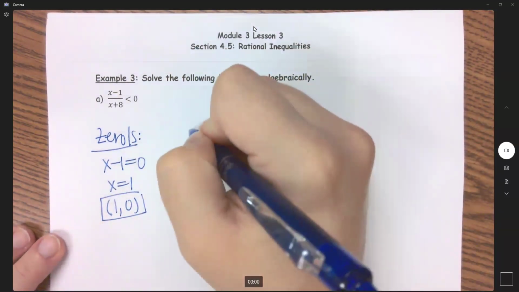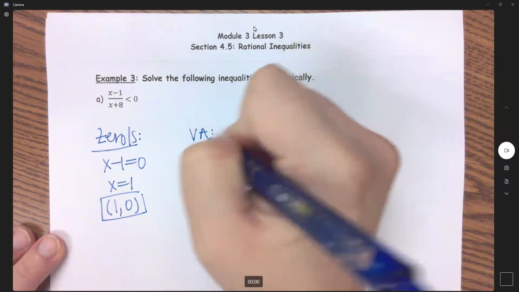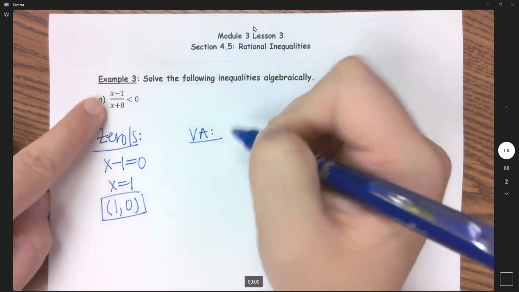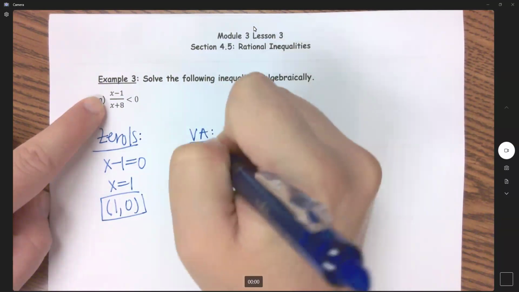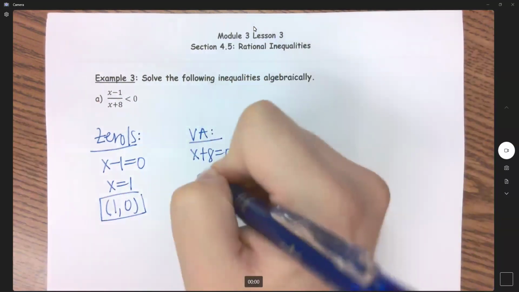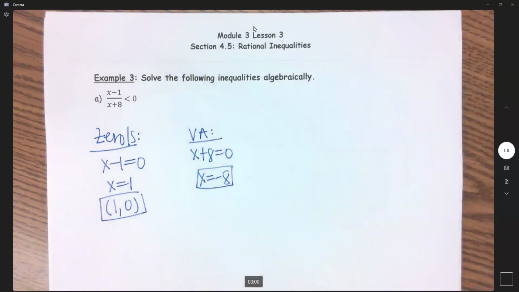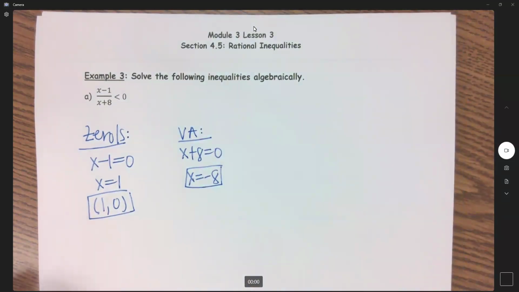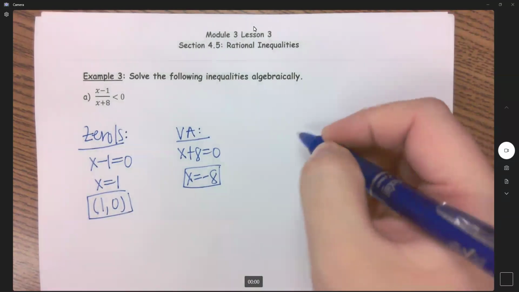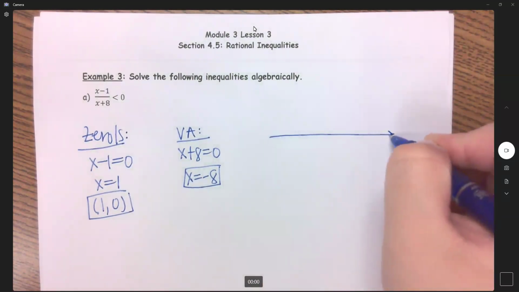Now find your vertical asymptotes. To do that, take now the denominator and set it equal to 0. And we get x equals -8. So let's make a rough sketch of this. And all I really need is that x-axis here.